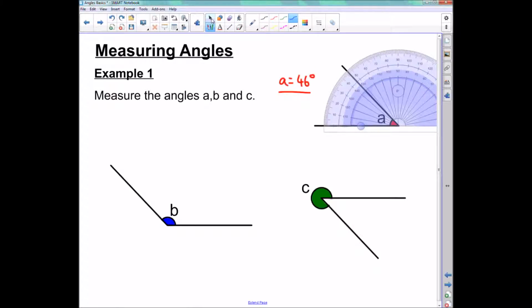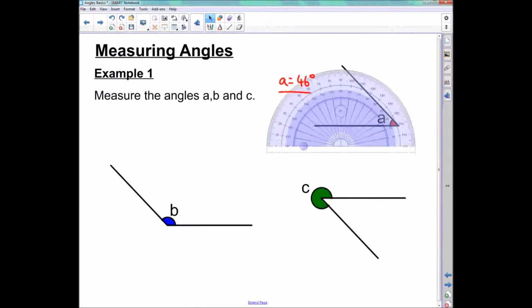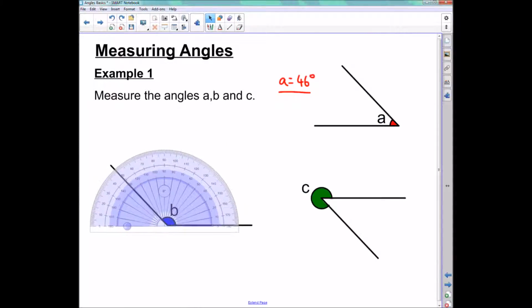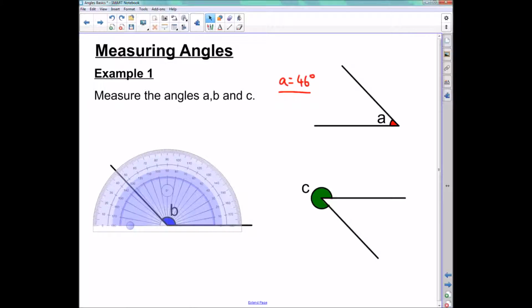Right, now I'm going to measure angle B. So again, what I need to do to start with is put my origin at the corner of my angle here. Now the other thing I need to do is make sure that my 0 line is all lined up, which it is. And this time, if you notice, the 0 is on the inside scale. So I need to use the inside scale to work this out.